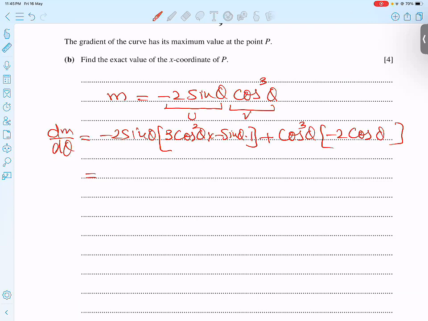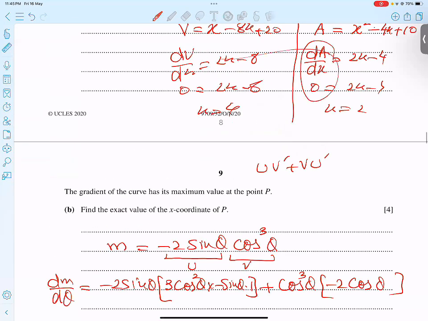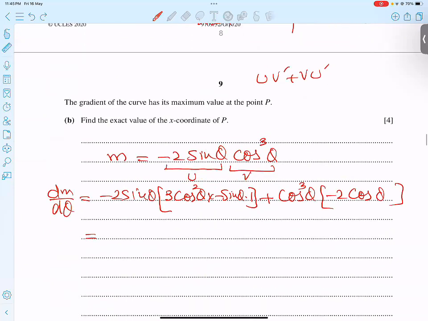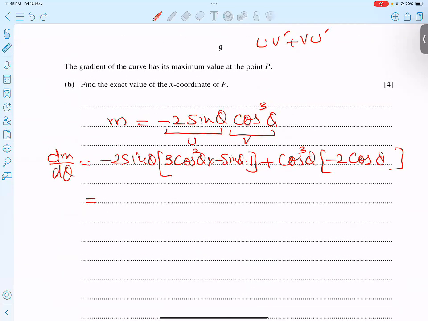Now, students, what is my next plan of action? As is very clear, every time I plug in derivative 0 to get the maximum or minimum x value. So I plug in 0 here. I have to simplify, but before that, negative into negative gives a positive 6 sine square theta cos square theta, because sine into sine is sine square.